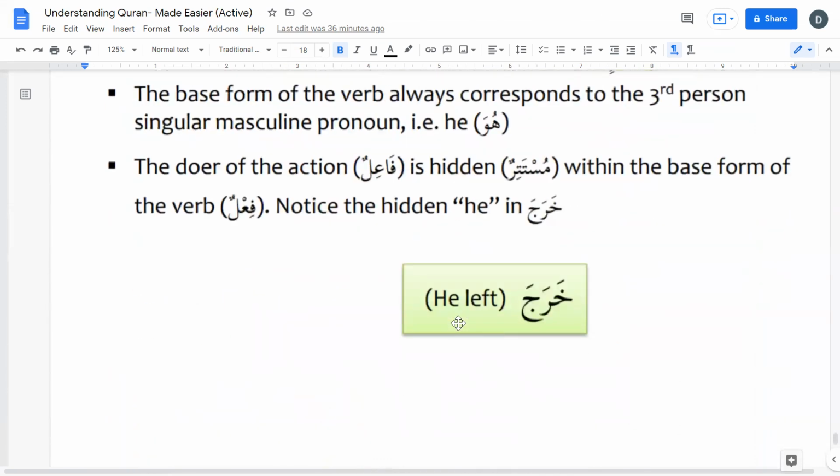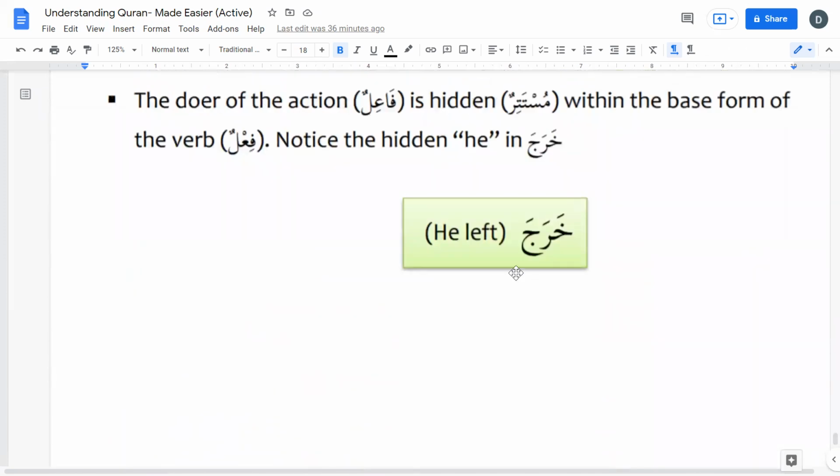We also learned that this is the most basic form of Fi'l Madi, past tense, and it is for the huwa version.